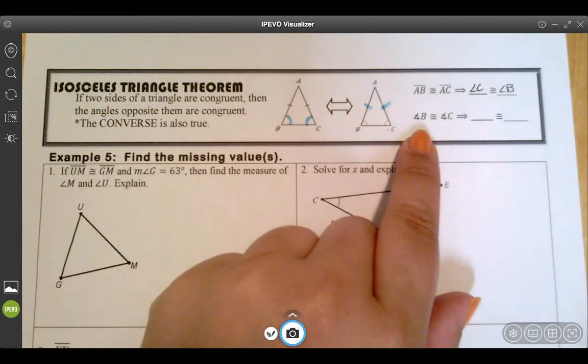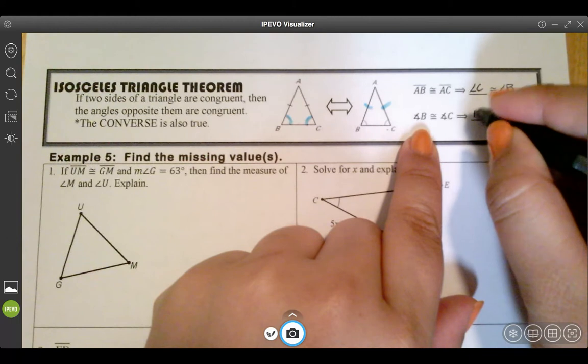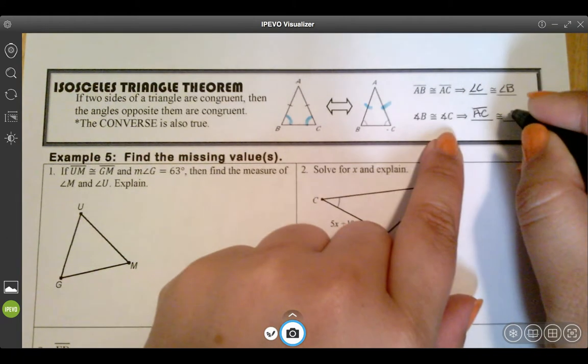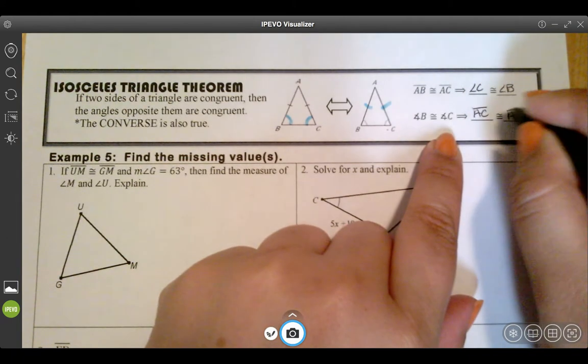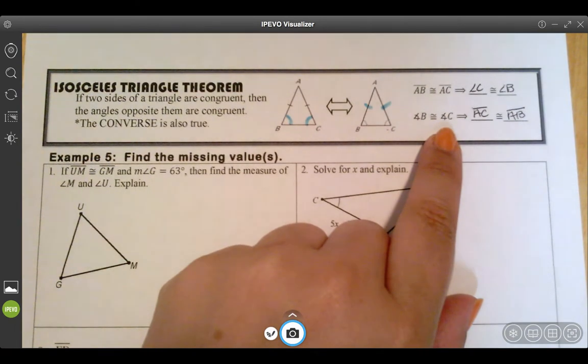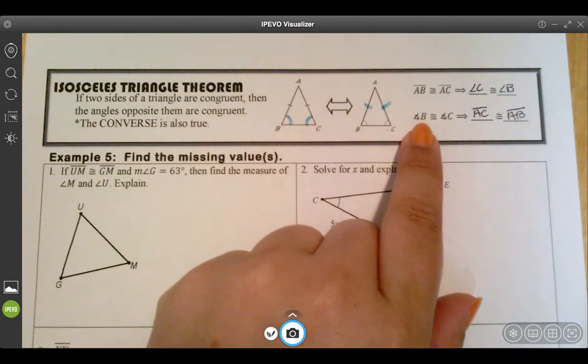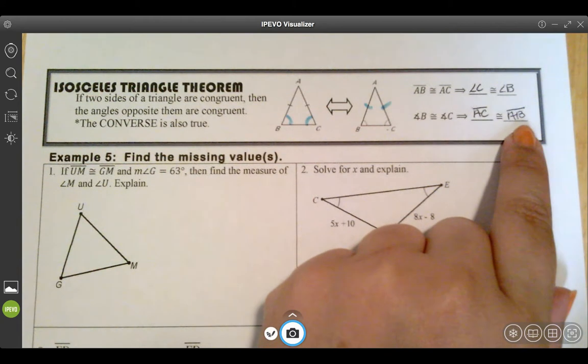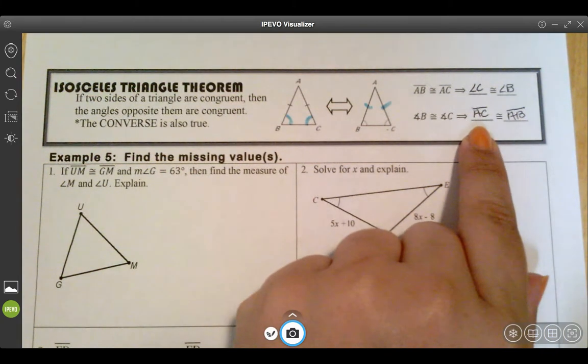If the angles are congruent, then the sides not containing that angle are congruent. Okay, so angle C congruent to angle B. The segment without C is congruent to the segment without B.